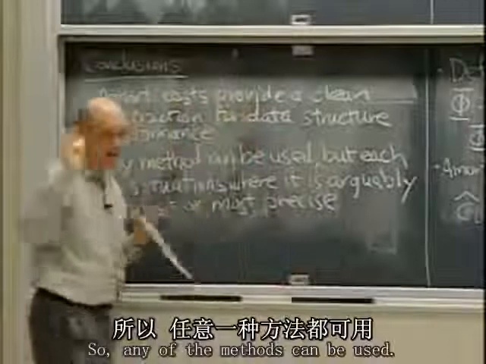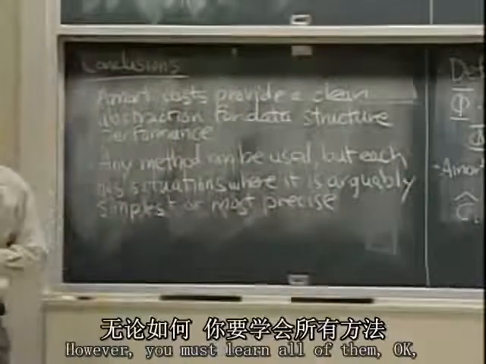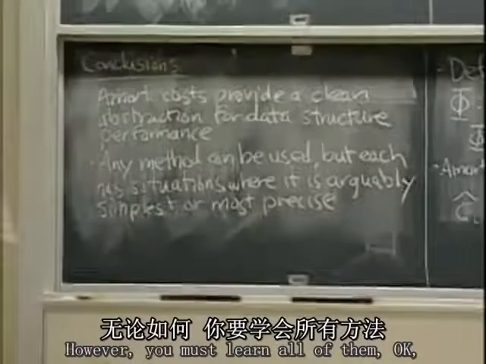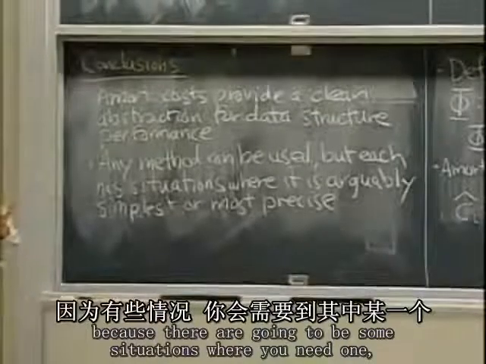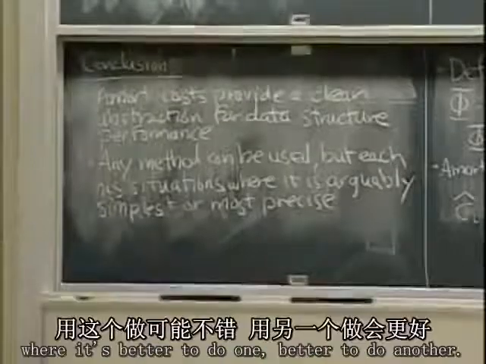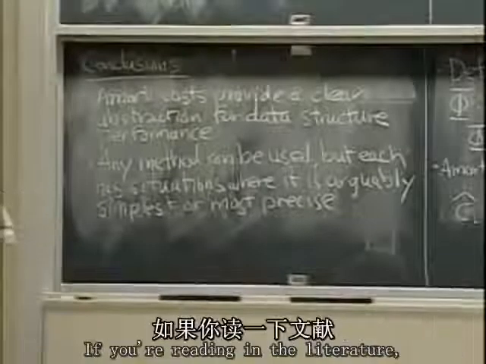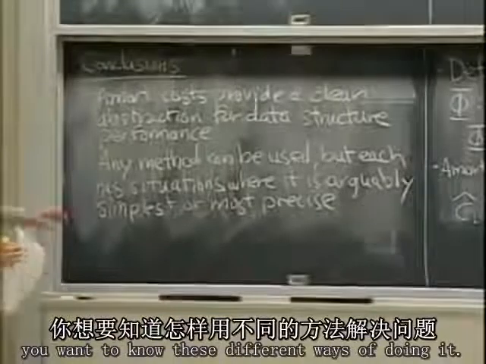So any of the methods can be used. However, you must learn all of them, because there are going to be some situations where it's better to do one, better to do another. Or if you're reading in the literature, you want to know these different ways of doing it.